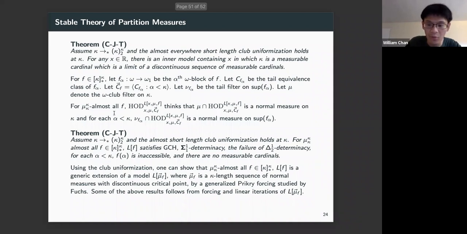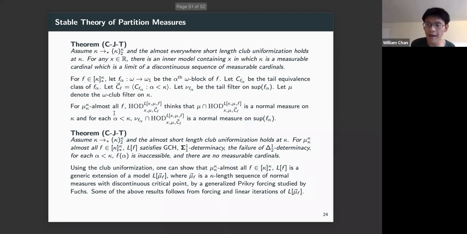You can show that for almost all f, L of f has a sequence of normal measures, mu bar sub f, with an associated discontinuous sequence of critical points, so that L of f is a certain generalized Prikry extension of L of mu bar of f. This is the type of Prikry forcing that Fuchs was studying in his thesis.